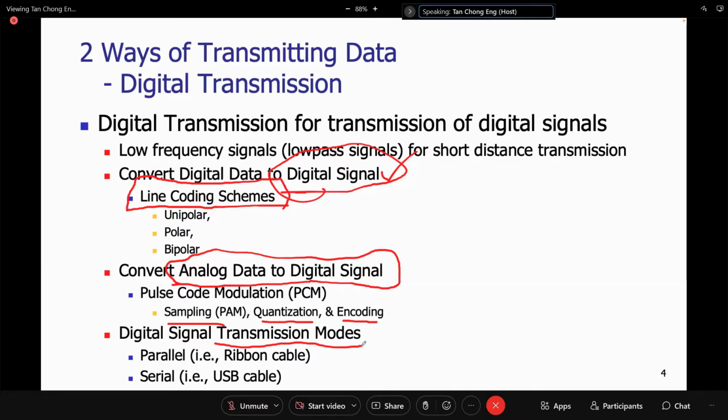Using a serial cable, you can increase the performance by increasing the speed of the clock. So you increase the clock speed, and your data rate can increase just like that. There is also less error experienced on serial transmission compared to parallel transmission.